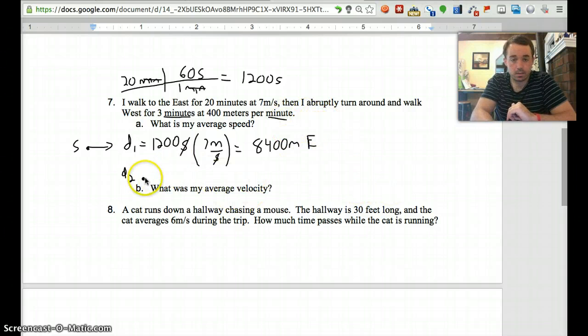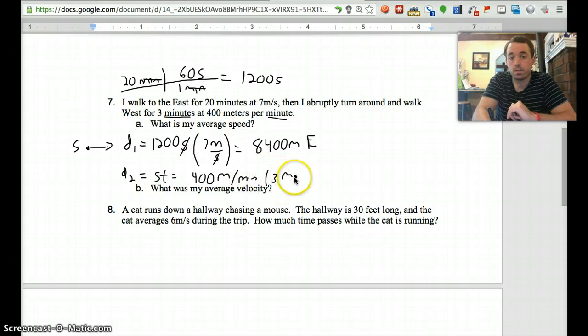I'm going to the west, so my distance is my speed times time, and it is 400 meters per minute times 3 minutes. Again, minutes will cancel with minutes. I'll be left with meters. So that's 1,200 meters west.